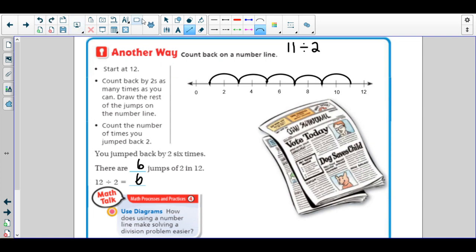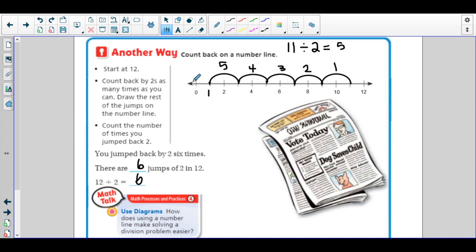So we'll go back and look here. I've got 1, 2, 3, 4, 5. So it's going to equal 5. But when I landed right here on the 1 and I couldn't make another jump, that's what I'm left with.